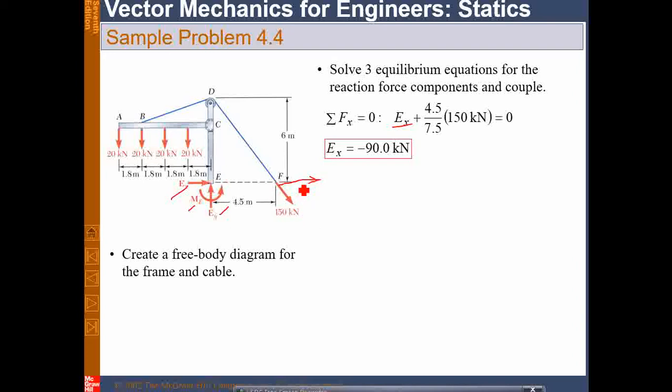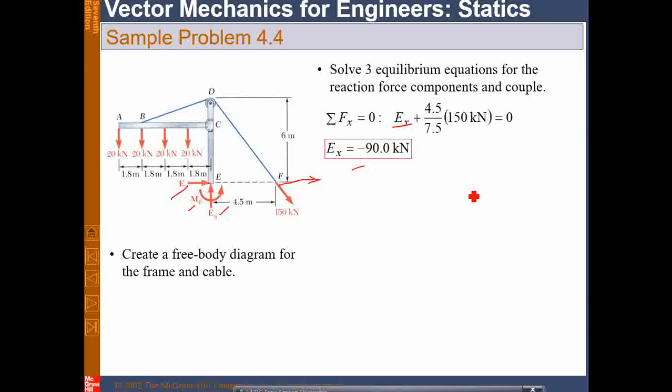This will be cos theta, the horizontal component, that means base upon hypotenuse, 4.5 by hypotenuse 7.5. Hypotenuse can be obtained by Pythagoras theorem, times 150.